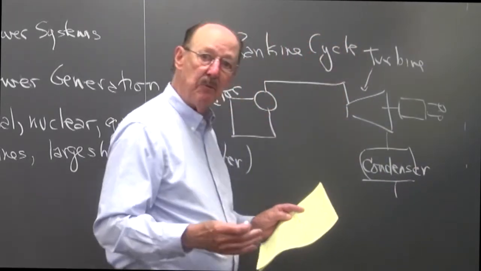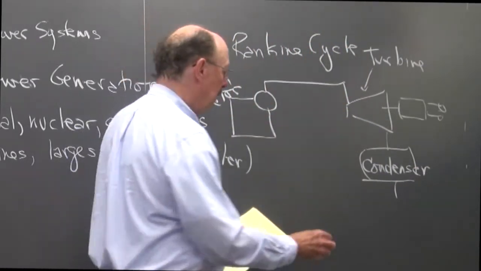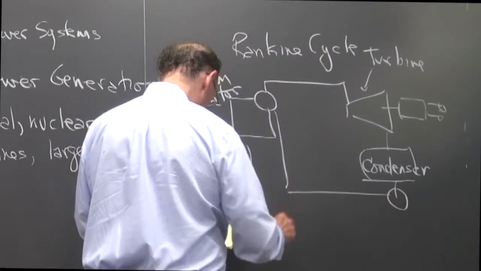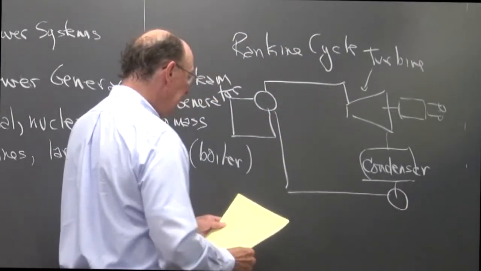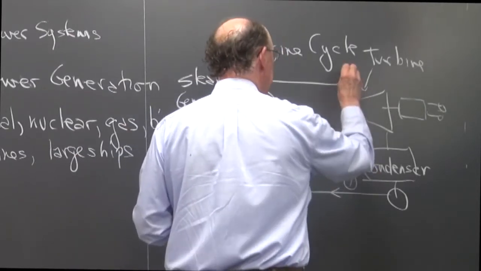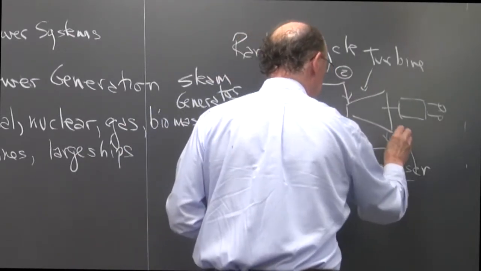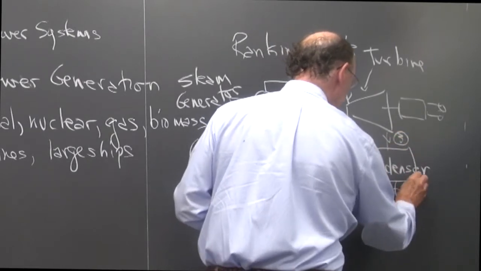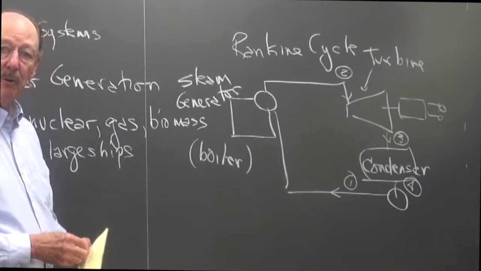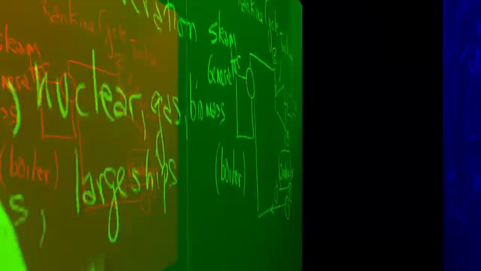And now it's a liquid, so I can use a pump to pump it back. And so we have something we call this state 1, state 2, state 3, and state 4. And so let's look at a TS diagram of this.